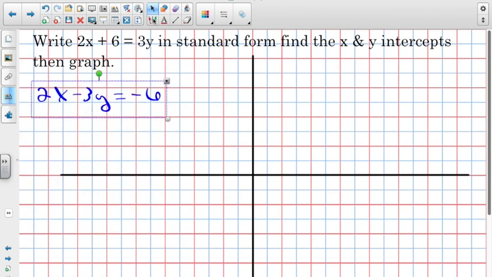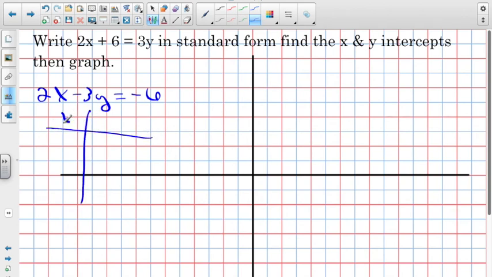Now, I want to find the x- and y-intercepts. Here I'm going to put values in for x and values in for y. Let's go back here and make this 2x minus 3y is equal to negative 6.